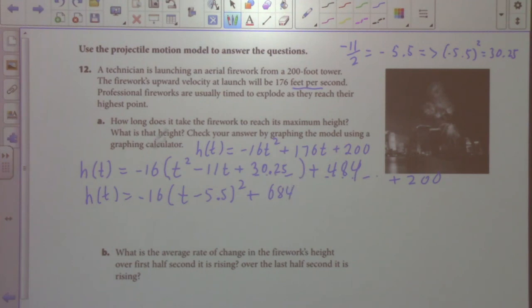And so now we have, how long does it take the firework to reach its maximum height? So maximum height is reached at t equals how many seconds? 5.5 seconds.